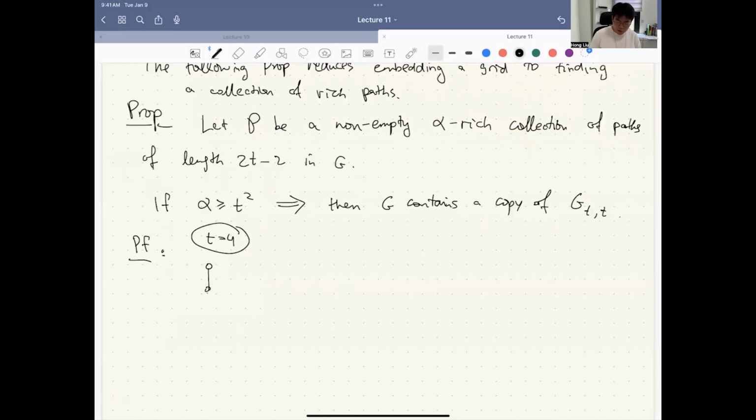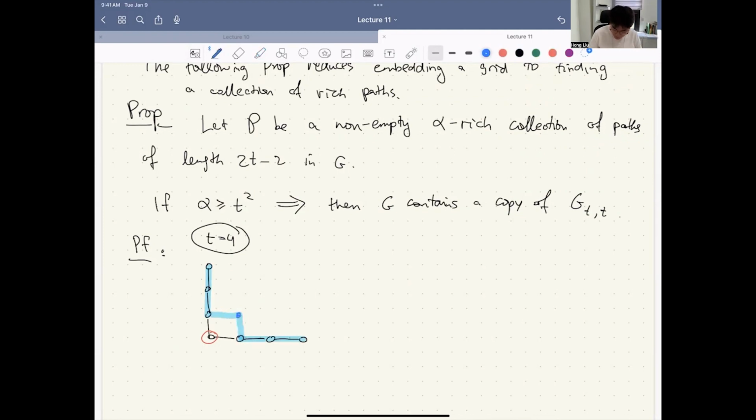You start with one path in your rich collection P. Since this is alpha rich, I can replace this vertex, and there are many ways to replace it.